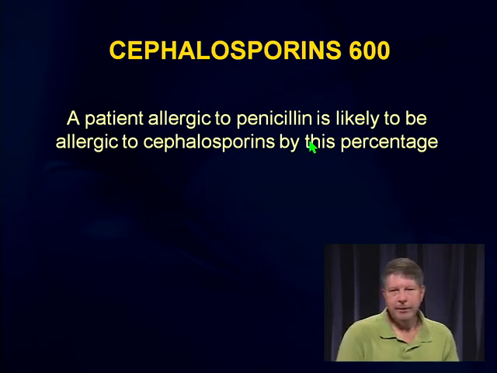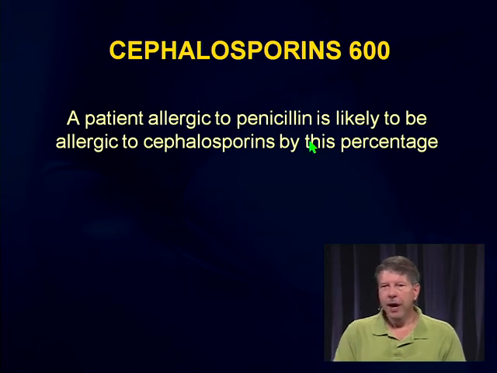Yes. The real risk keeps shrinking each year, to about 6 or 7%. Now, if Johnny had anaphylaxis to penicillin, I'm probably not going to want to use the cephalosporin. I'm not going to chance anaphylaxis. But the classic, a little rash to penicillin, you're not going to worry about that on the test. You're going to use cephalosporins.